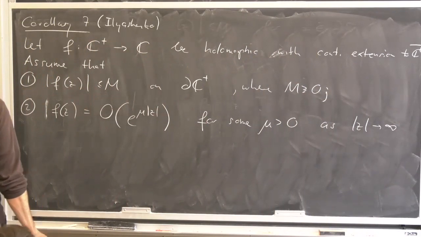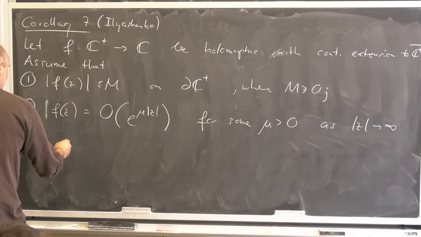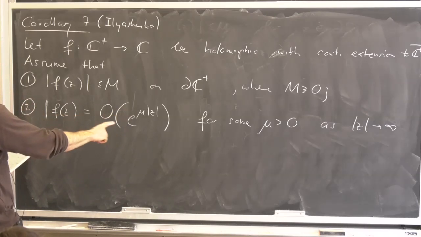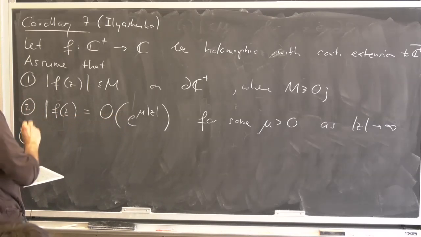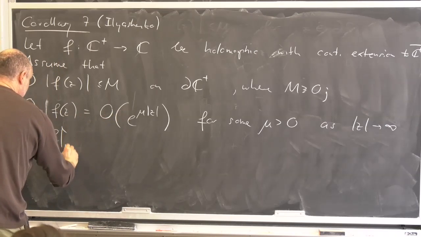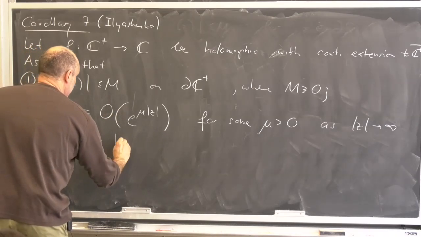But that means we have to do something else. We are also going to assume that on the positive real line, f is bounded. Not by M, just bounded. So the restriction to the real line is bounded.